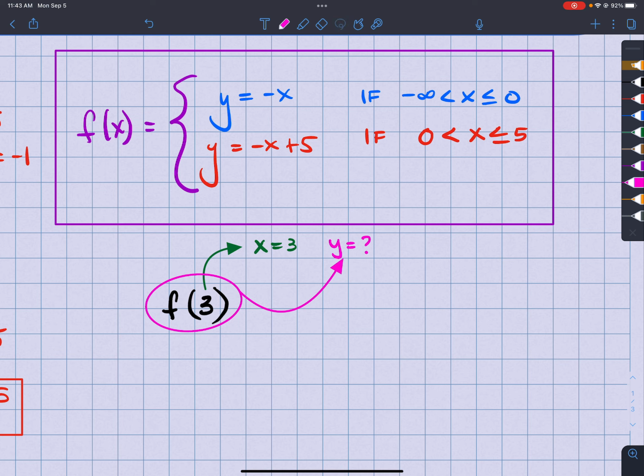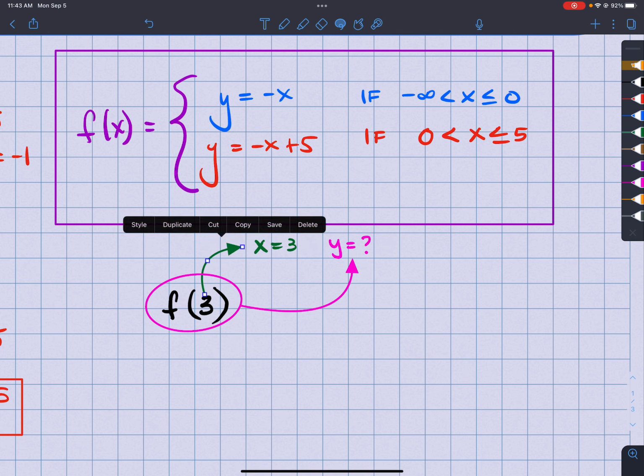Okay, so again, just so you guys know, the difference between the two is that the x is a 3 and I'm looking for my y value.